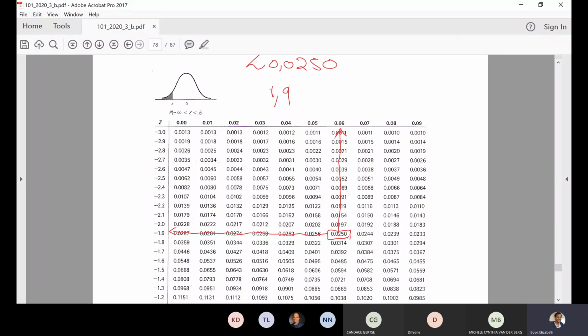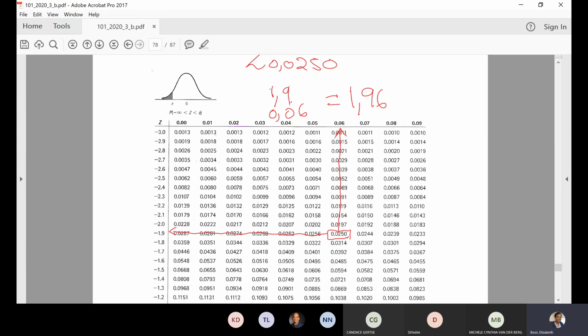At the top, we have 0.06. Therefore, if I add both of them, they end up looking like 1.96, because the last digit of the table is the last digit of your number. So you read it as 1.96, because at the top you have a 6 and on the side you have 1.9.